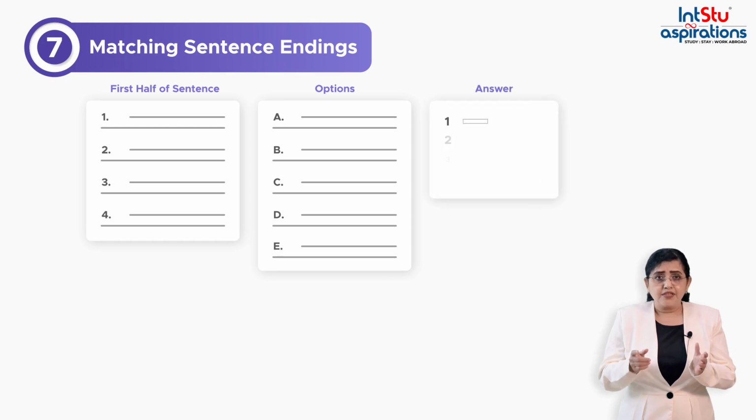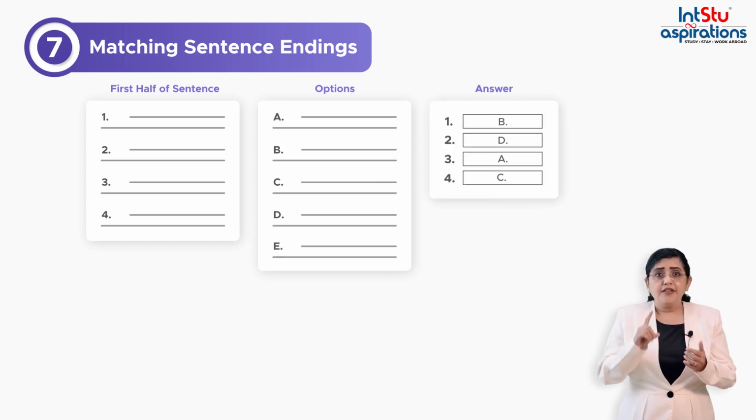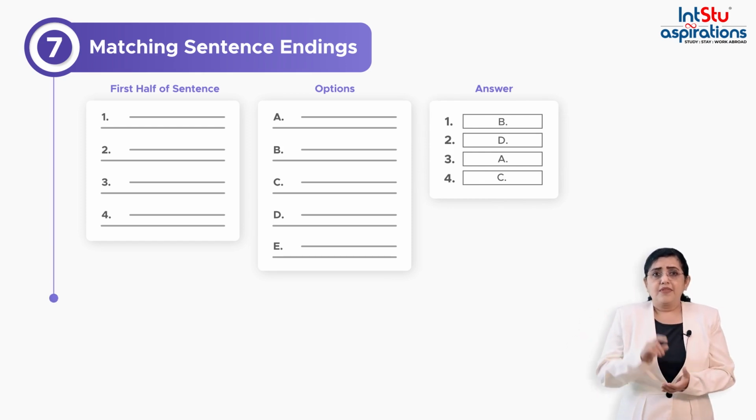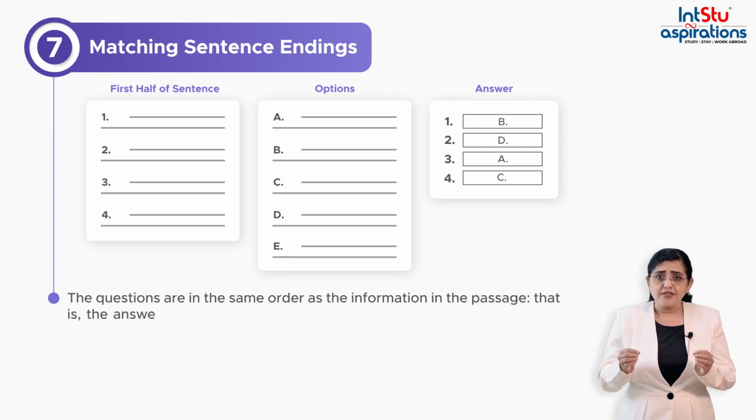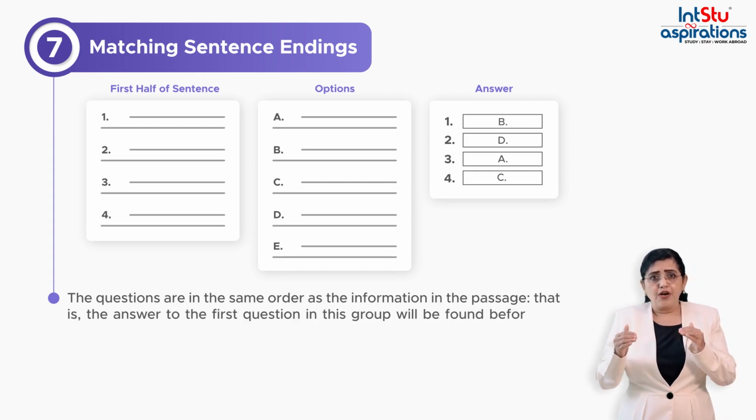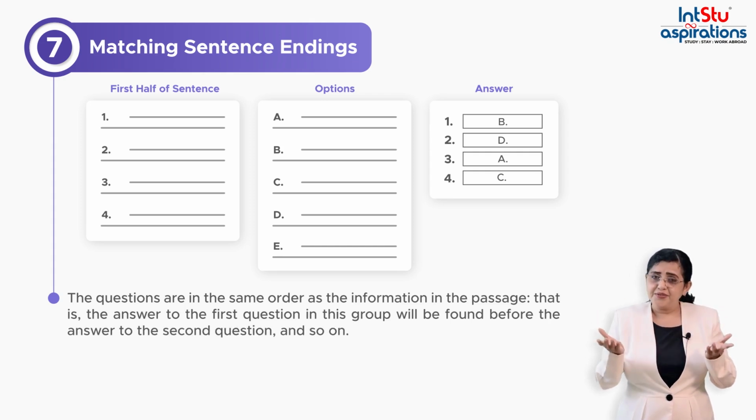Test takers must write the letter they have chosen on the answer sheet. The questions are in the same order as the information in the passage. That is, the answer to the first question in this group will be found before the answer to the second question and so on.